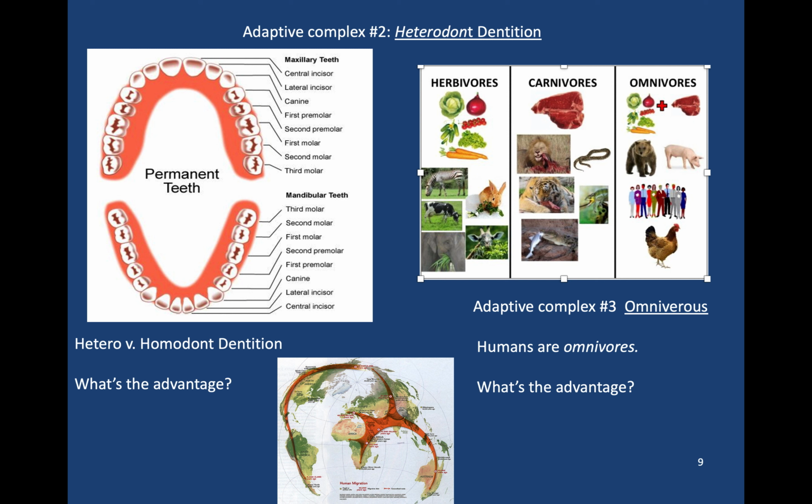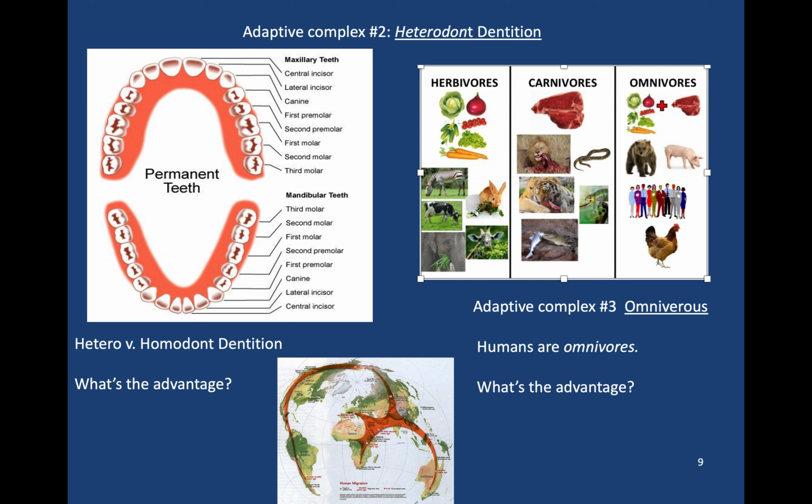So once again, there's that map showing us as a migratory species, starting in East Africa and then going throughout the entire world, encountering different food sources, whether it be plants or nuts or berries, and grains, and of course meat. And that makes us, in terms of adaptive complex number 3, omnivorous. We are omnivores.